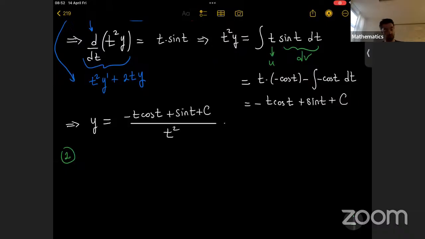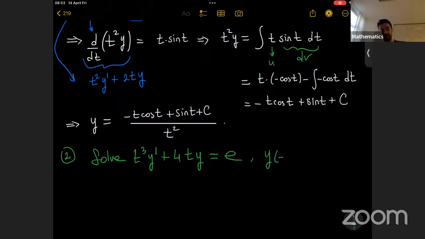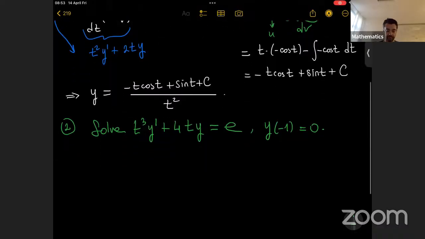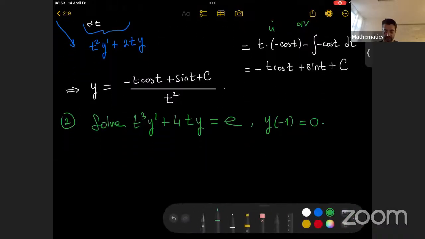Now let's solve t cubed y prime plus 4t y is equal to e, and this is an initial value problem, IVP. At -1 we have 0. Okay, so let us solve this. Well, again, this can be done in the previous way.